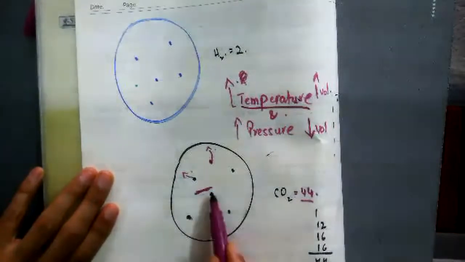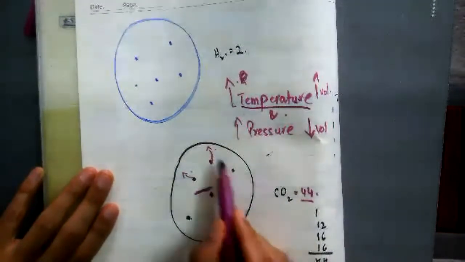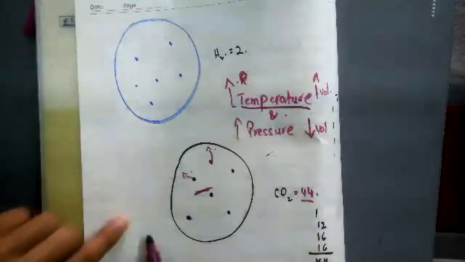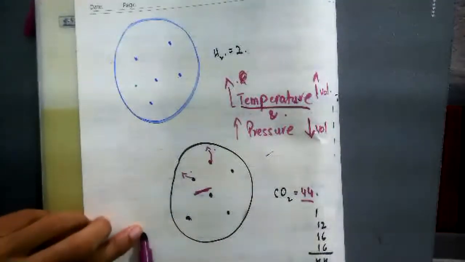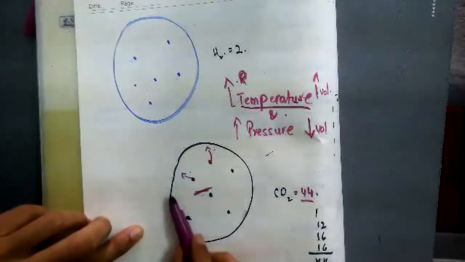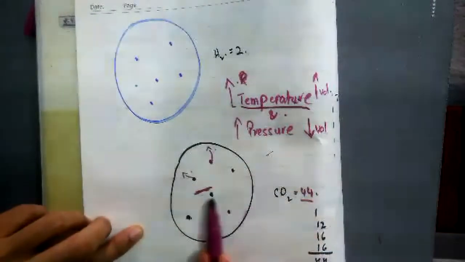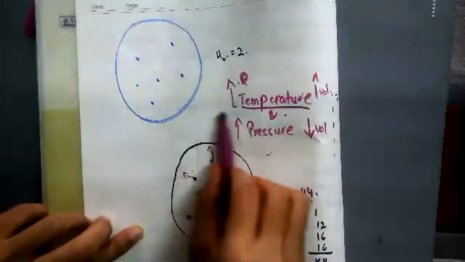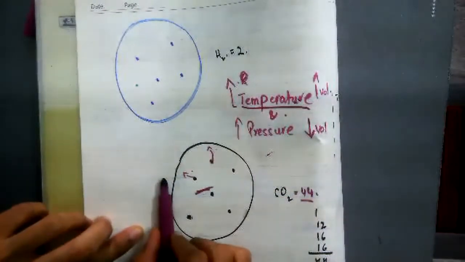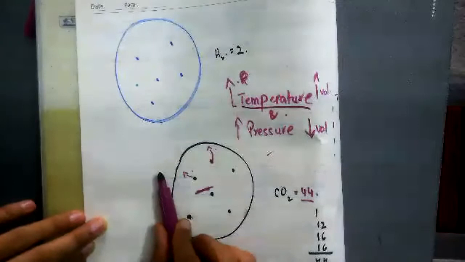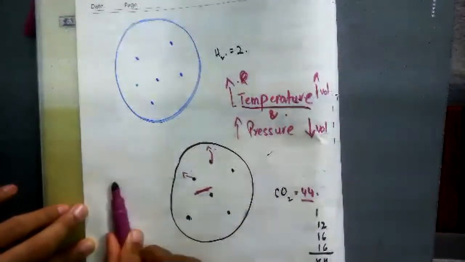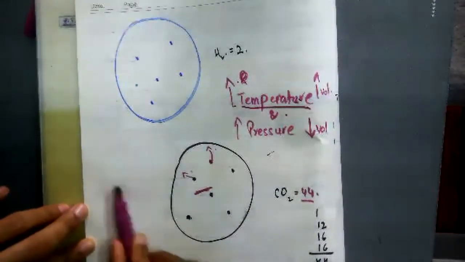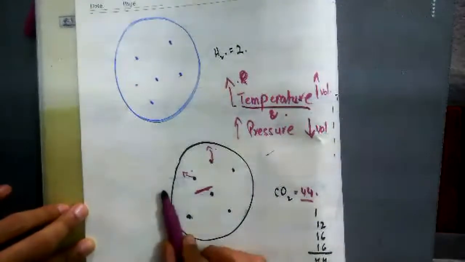If I combine all these dots and calculate the volume, that volume will be nothing in front of the volume of this whole balloon. So we can easily and safely ignore the volume of the molecules. We can neglect it.